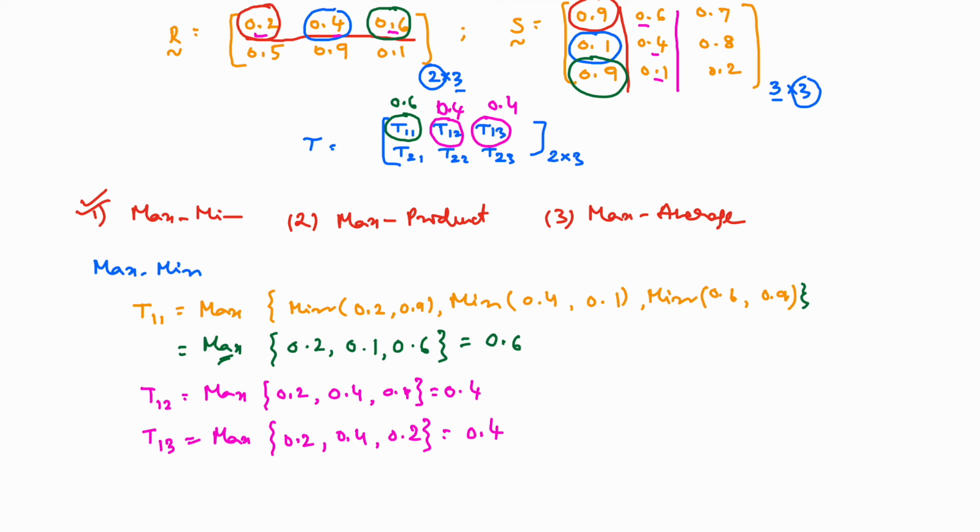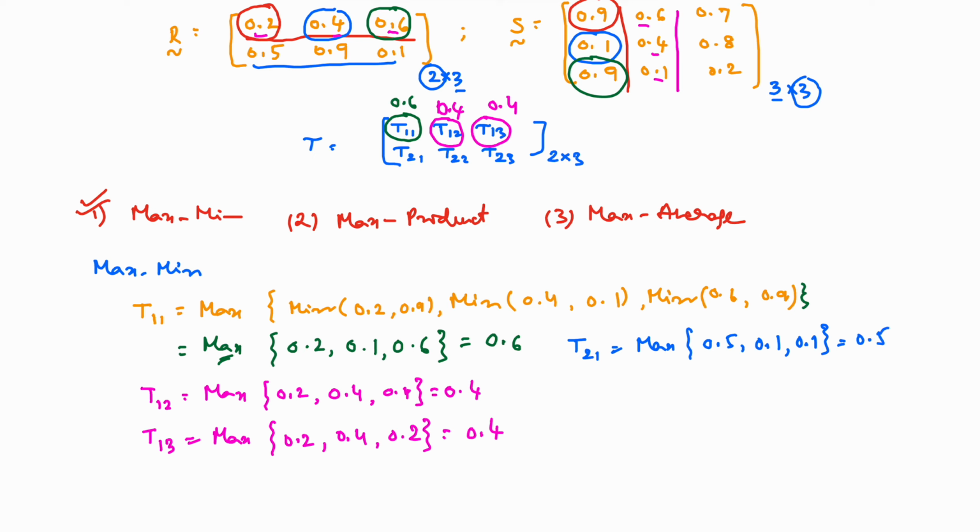Let me change the color. For T21 it should be the second row and first column I have to see. So 0.5 and 0.9, it is simply 0.5. 0.9 and 0.1, it is 0.1. 0.1 and 0.9, it is 0.1. So the maximum out of all these is 0.5.